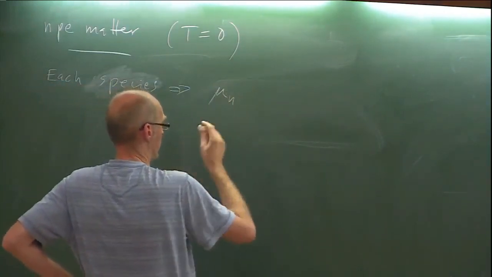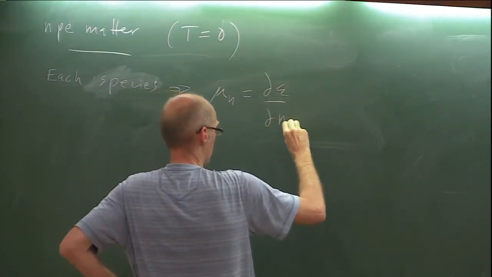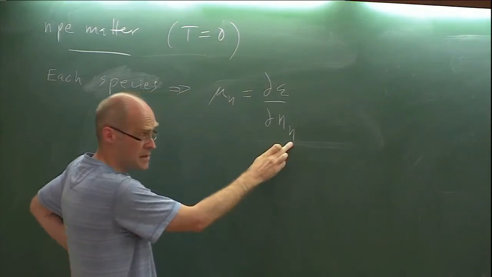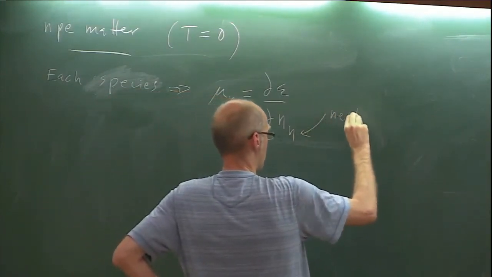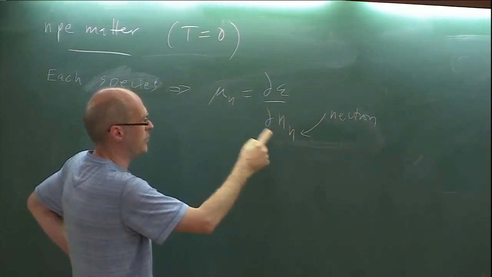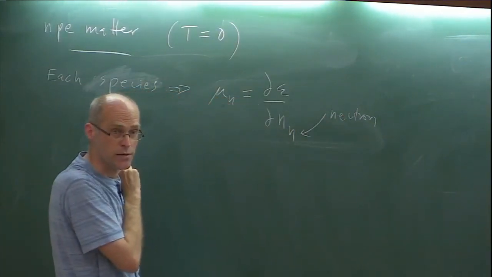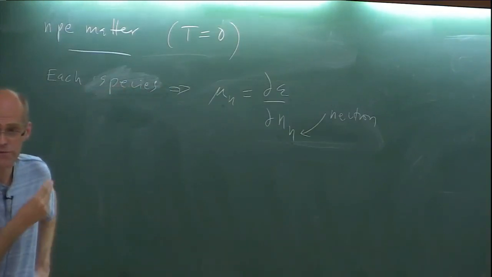So, for example, the neutron has some number density Nn. I take the variation of the energy, whatever it is, with respect to this, and I get a chemical potential μn.